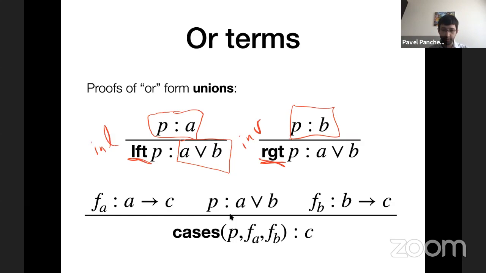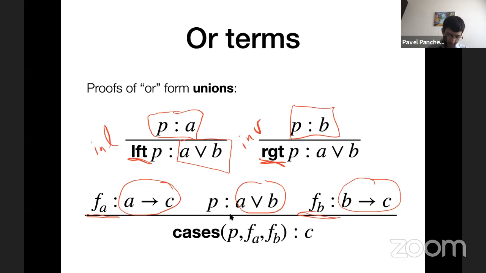And now I'm going to have rules for using or terms. Remember that we had this case analysis rule, which said if I know that A or B is true, and if A implies C and B implies C, I should be able to learn C. And so what I've done is I've named these implication rules with Fs because they're like lambda-ish things.